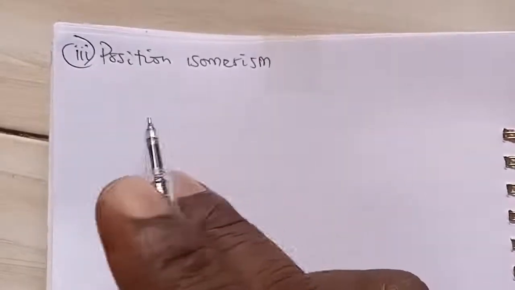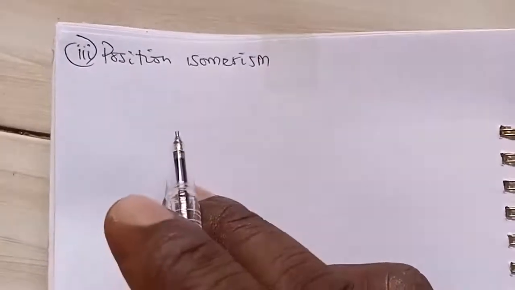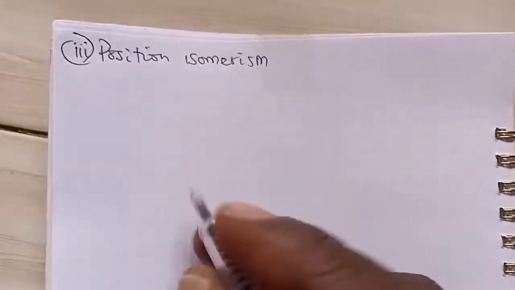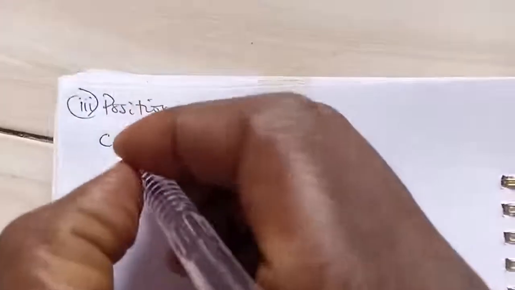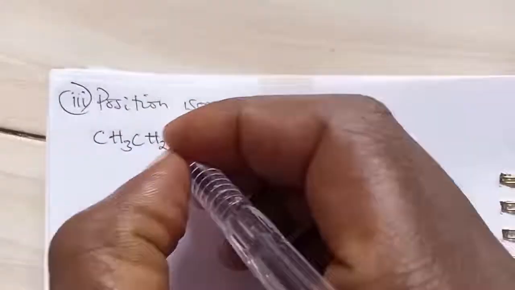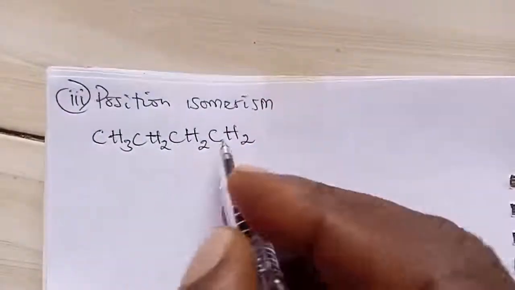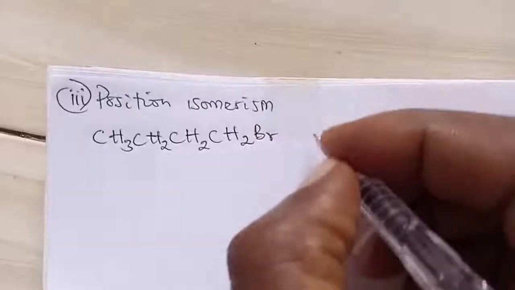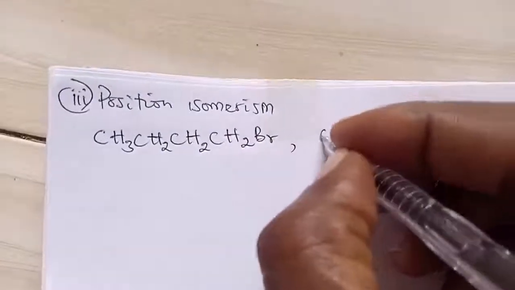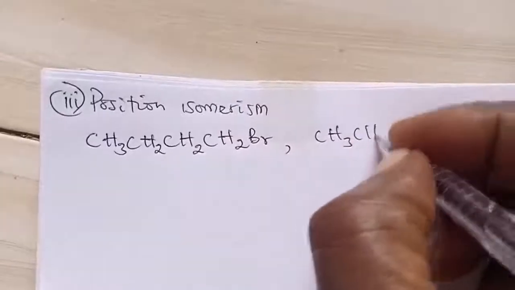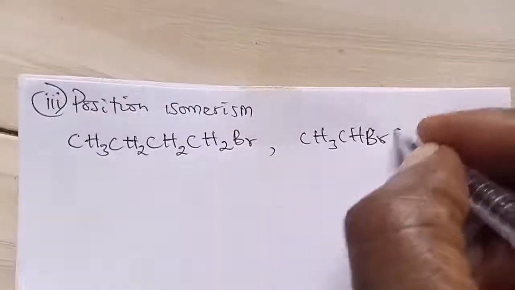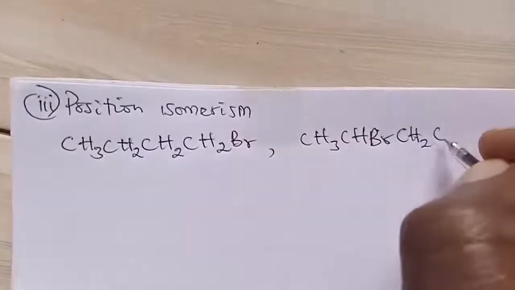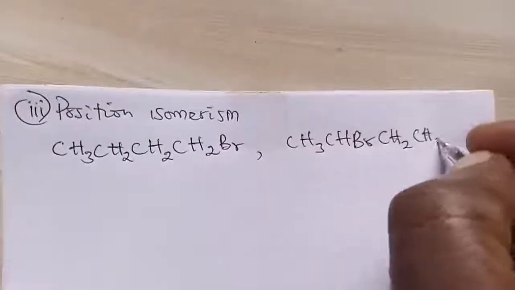The next one we are defining is position isomerism. It is shown by compounds having the same carbon skeleton but differing in the position of the substituent group. What we mean by that is if we have CH3, CH2, CH2, CH2, carbons 1, 2, 3, 4, and then we have a bromine, then another compound, CH3, CH, and let's say Br, and CH2, CH3.